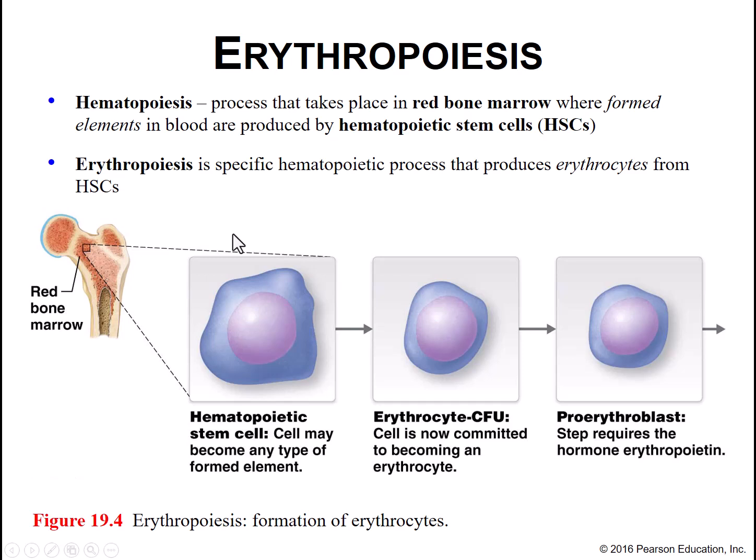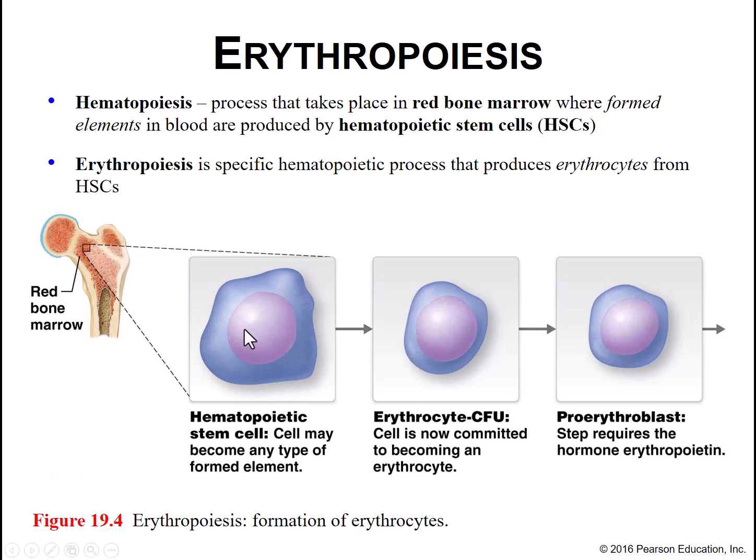So how are our erythrocytes and leukocytes, all those formed elements, made? They are all made with a process, and they all start with this hematopoietic stem cell. Hematopoiesis is the formation, in the red bone marrow, of all of our formed elements. Specifically, for making our erythrocytes, we have erythropoiesis.